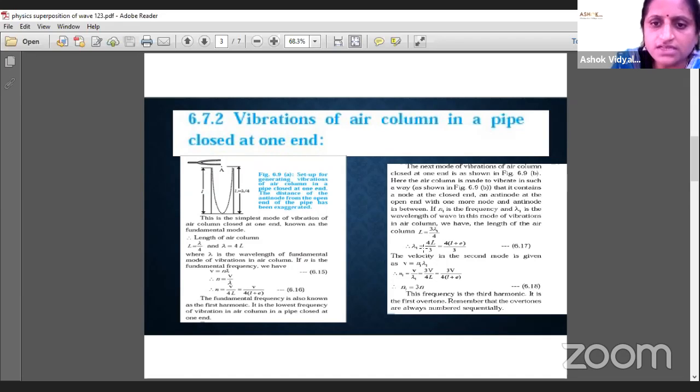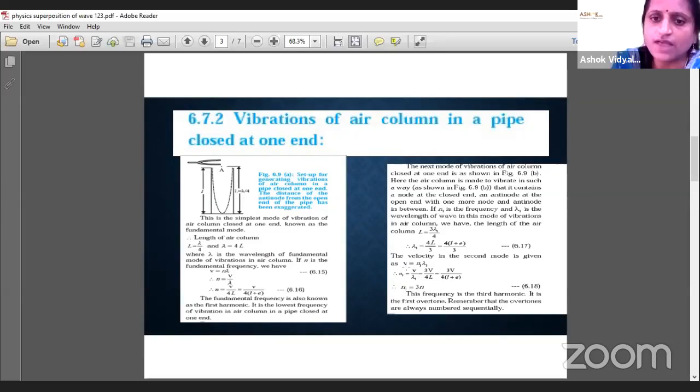Therefore, lambda 1 is equal to 4L upon 3. Substitute the value of capital L, which is small l plus E, where E is the end correction. Therefore, the equation becomes lambda 1 equal to 4 into (l plus E) upon 3. The velocity of the second mode is given by V is equal to N1 lambda 1. Therefore, N1 is equal to V upon lambda 1.